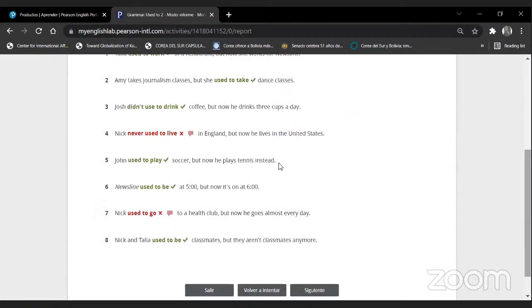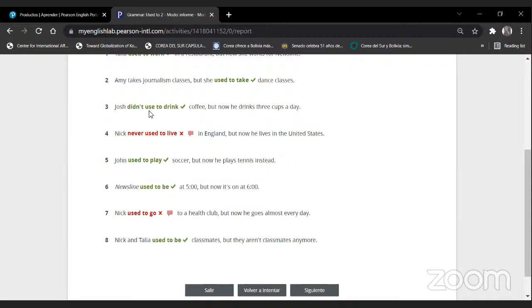Yeah. Okay. In this case, for example, it was because we are emphasizing the second clause in the complement we have, but now he goes almost every day, right? So Nick used to go to the health club, but now he goes all the days, or maybe he never used to go, right?